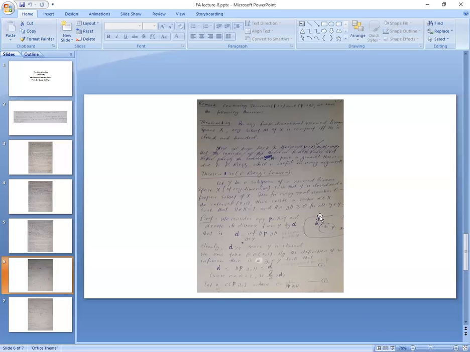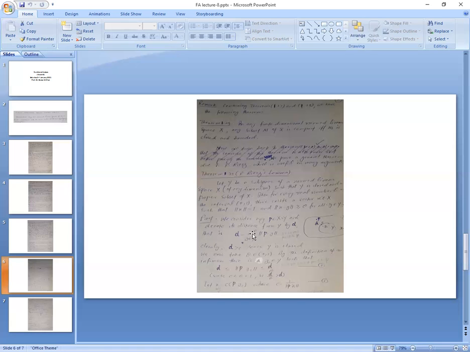This is your P, which is in the complement of Y, and y naught is inside Y. Now this will be greater than d.